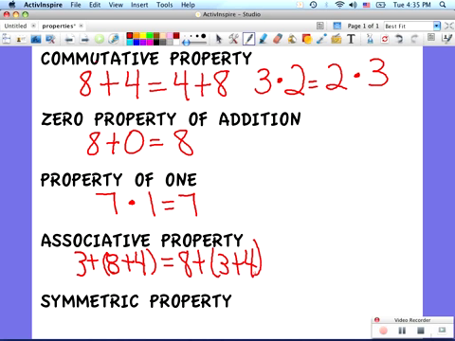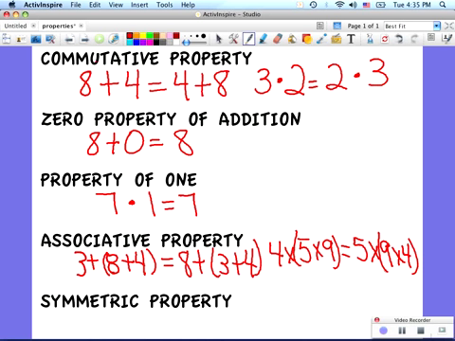As I said earlier, it's easy to identify because the associative property has parentheses. The associative property also works for multiplication. 4 times 5 times 9 equals 5 times 9 times 4. The associative property does not work for division, nor does it work for subtraction.